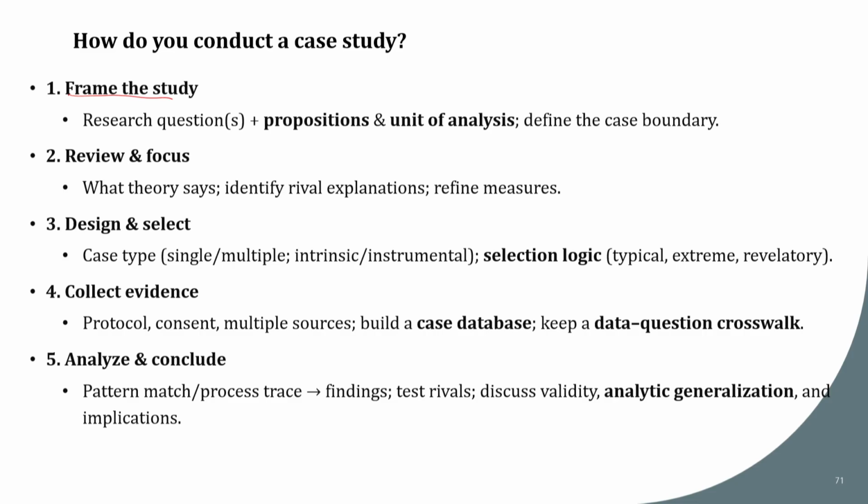Then the next step is review of the literature: identify the research gap, see what the theory says, identify the rival explanations, and then refine measures. After reviewing existing literature, situate your case in the broader debates, then explain why you chose this case.